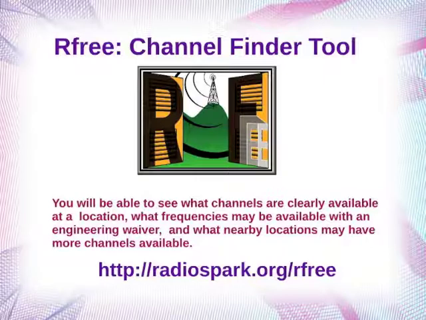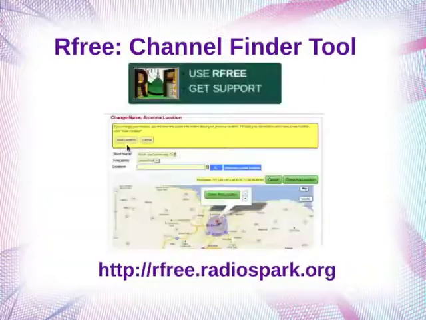In that software, you're going to be able to enter the coordinates of your location, or an address or zip code. And right now you can see in the slide, you will have a screen that is going to ask for location.